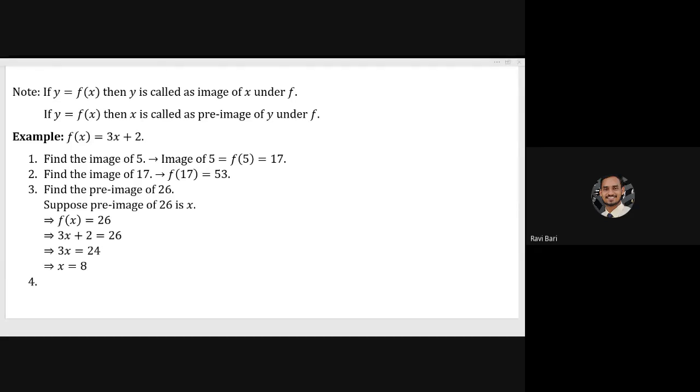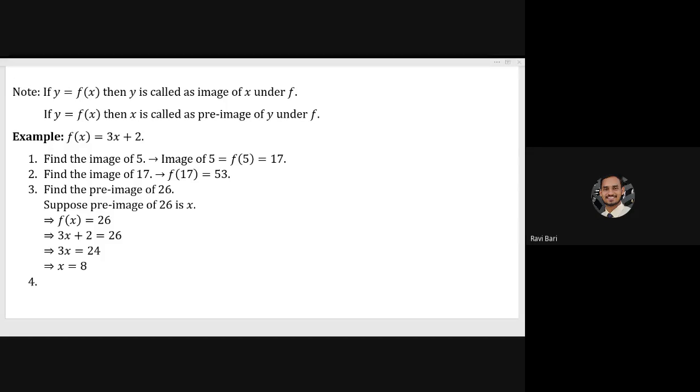So understood? Okay. From example 1, I mean first वाला question जो था इस example में, image of 5 is 17. What is pre-image of 17? So pre-image of 17 is 5.